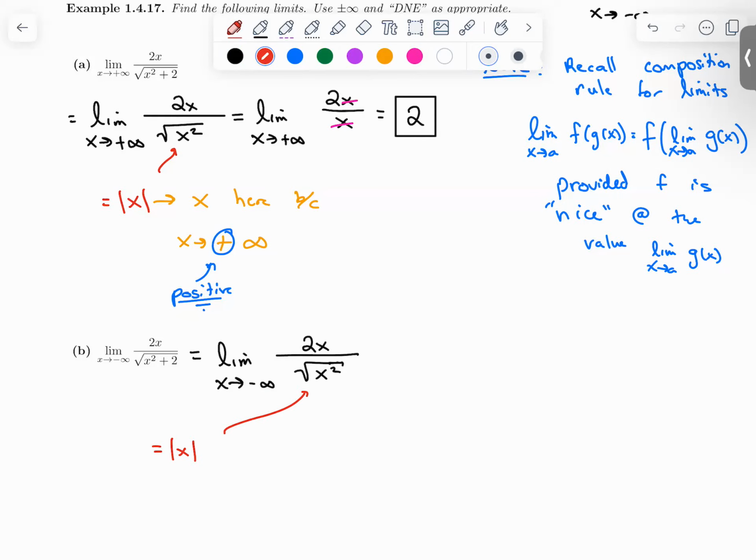And so in order to take care of that, the absolute value sign tacks on an extra negative sign. So it becomes negative x here because x is approaching negative infinity.